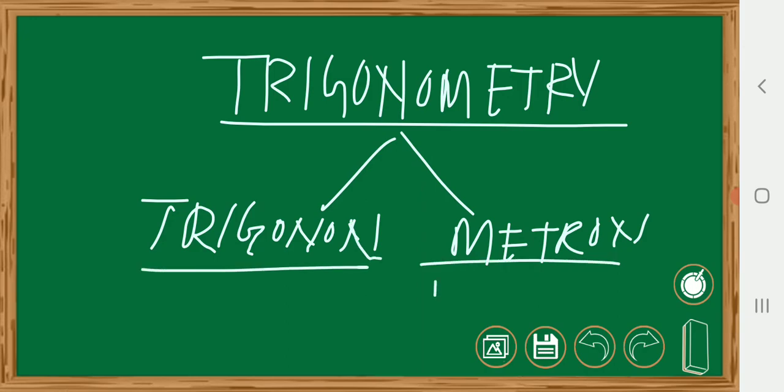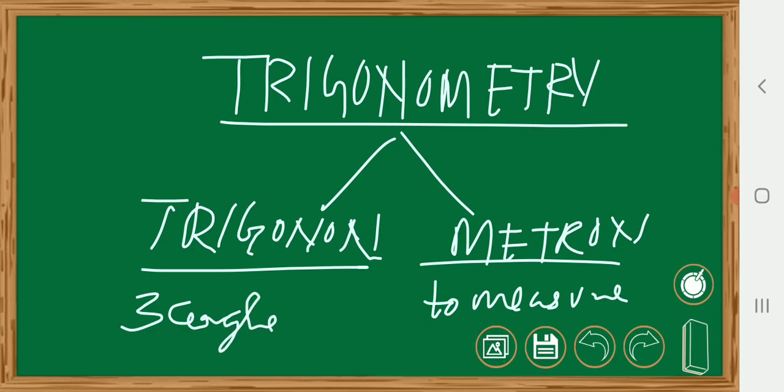Metron means to measure, and trigonon means three angles of a triangle. So trigonon means three angles of a triangle and metron means to measure.